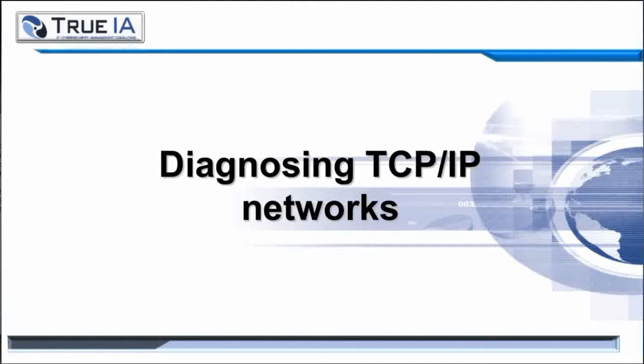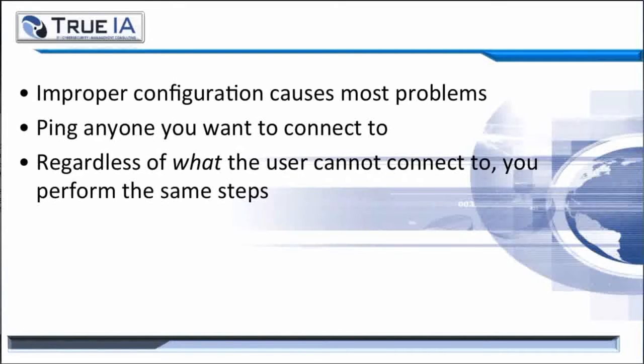Next, let's take a look at diagnosing TCP/IP networks. Again, understanding that it's usually improper configuration that causes most of these problems. Ping anyone you want to connect to, and you should get an answer. Regardless of what the user cannot connect to, you need to perform the exact same steps.